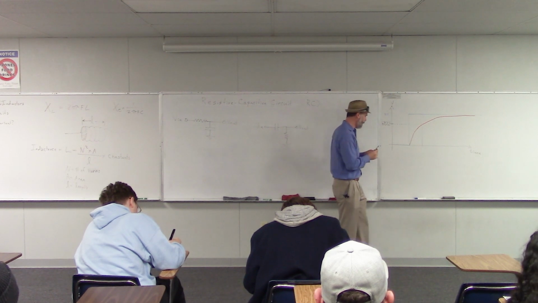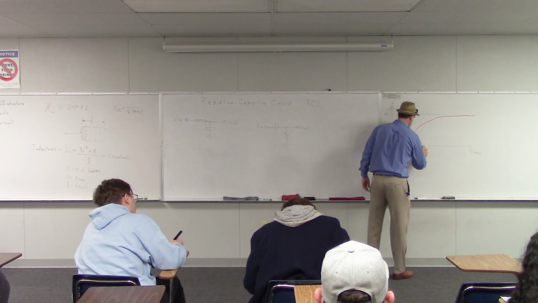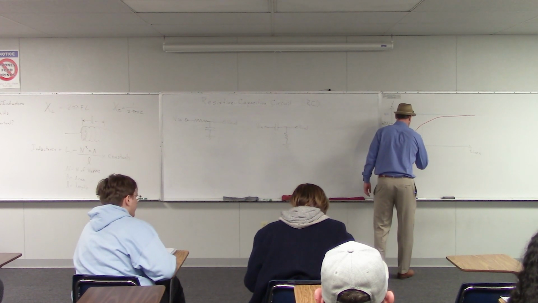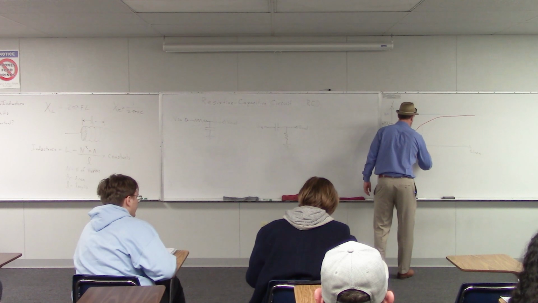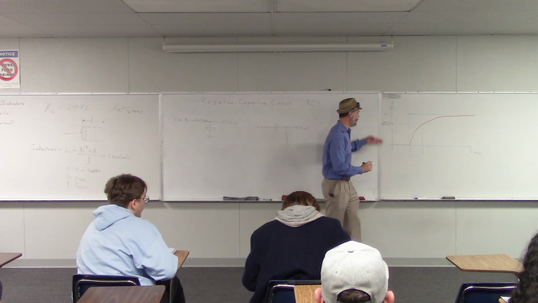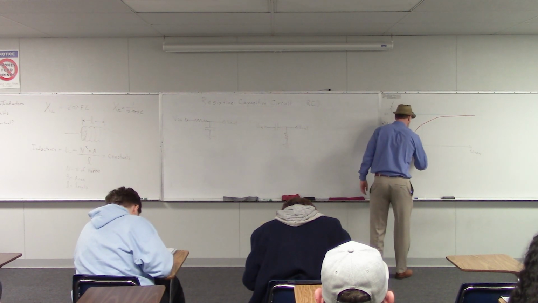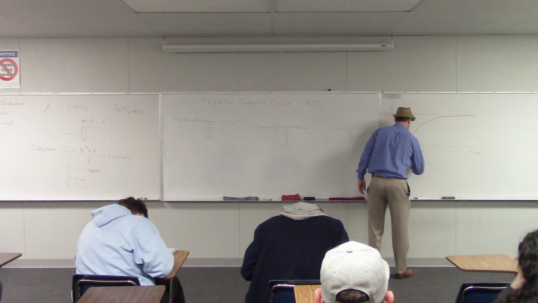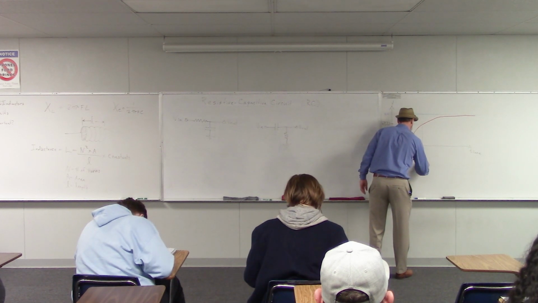And we'll call that the RC charge time, or tau for short. So this length of time it takes to charge to 63.2%, we'll call that tau, or the RC charge time.